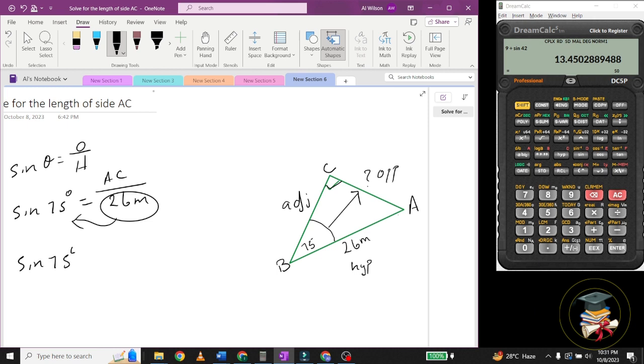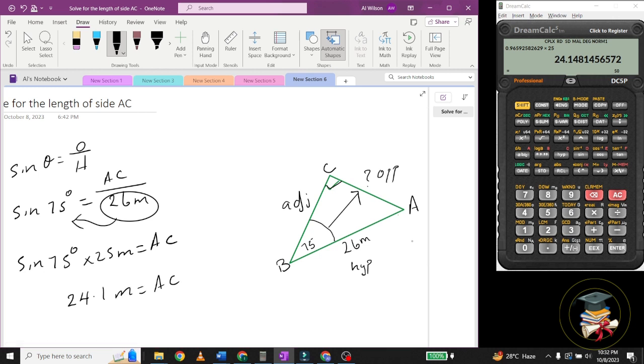Sine of 75 degrees times 25 meters is equal to AC. Therefore, sine 75, multiplied by 25, is equal to 24.1 meters, which is AC.